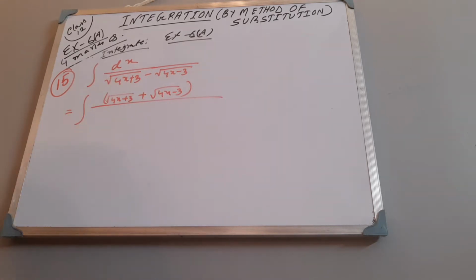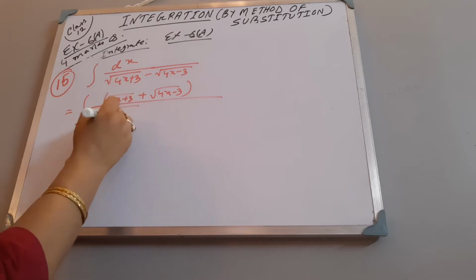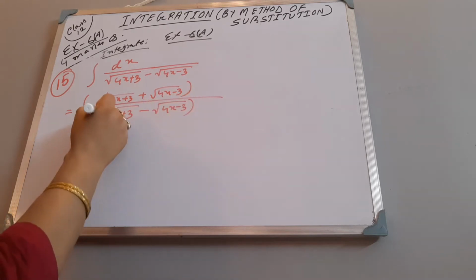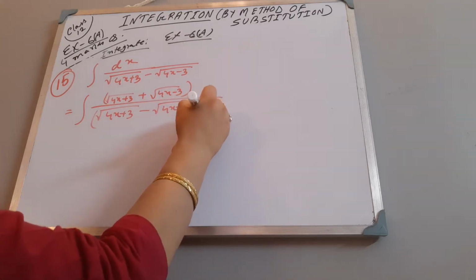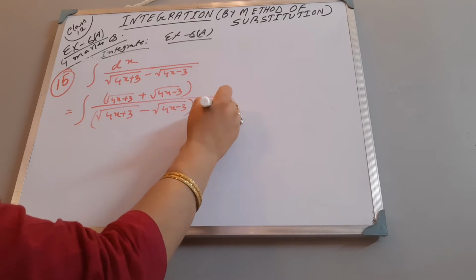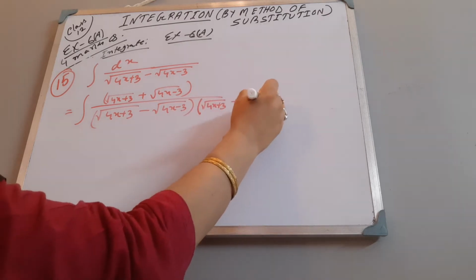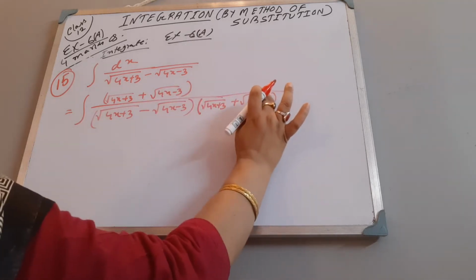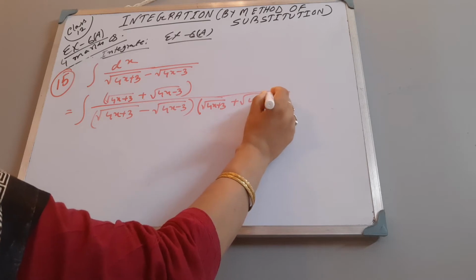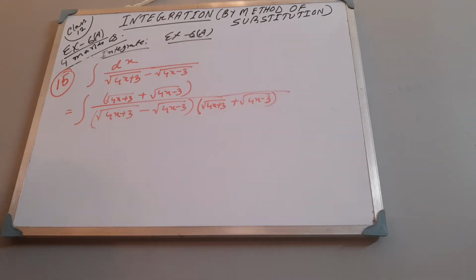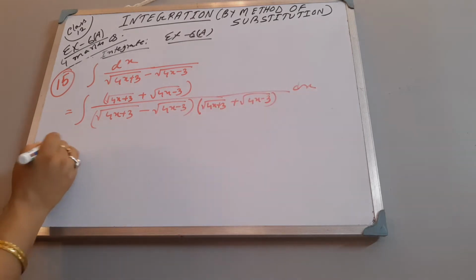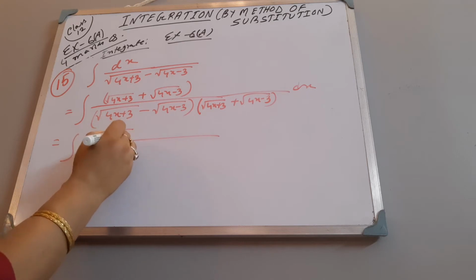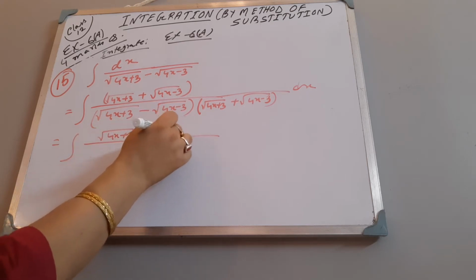And in the denominator, square root of 4x plus 3 minus square root of 4x minus 3, and its conjugate term, square root of 4x plus 3 plus square root of 4x minus 3, dx. Now the numerator part we have to write this way: square root of 4x plus 3 plus square root of 4x minus 3.